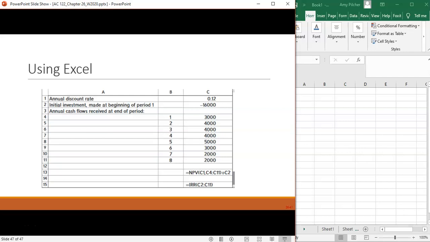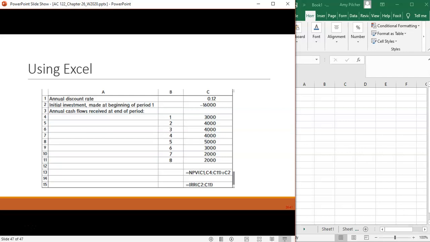So as I said before, we can use Excel to calculate net present value. We can also use it to calculate the internal rate of return. And what the internal rate of return is on a project is the rate that makes the net present value come out to zero.